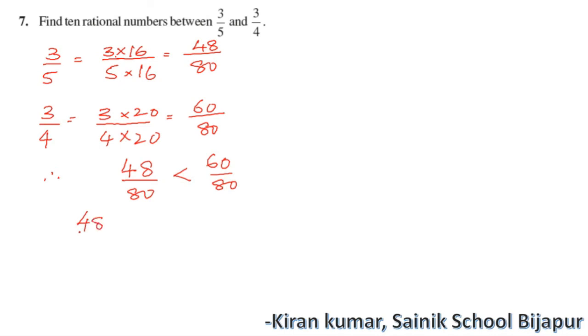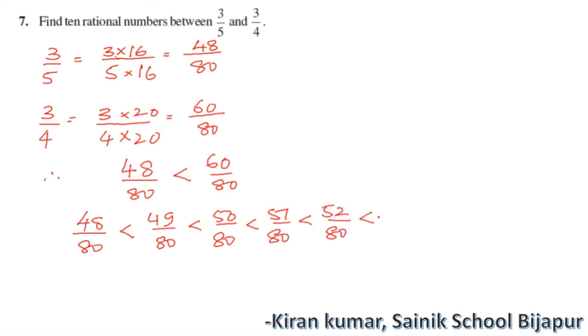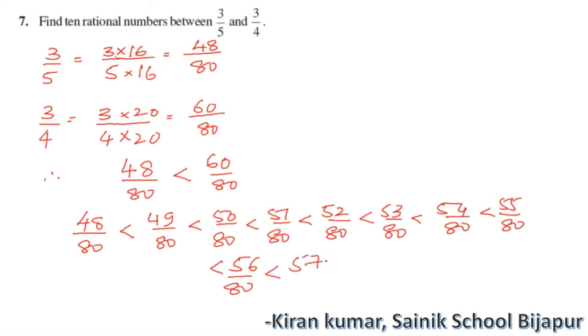So I have 48 by 80 less than 49 by 80 less than 50 by 80 less than 51 by 80 less than 52 by 80 less than 53 by 80 less than 54 by 80 less than 55 by 80 less than 56 by 80 less than 57 by 80 less than 58 by 80 less than 59 by 80, which is less than 60 by 80.